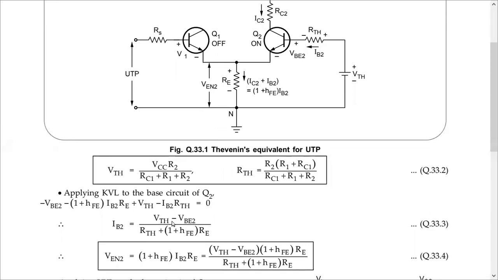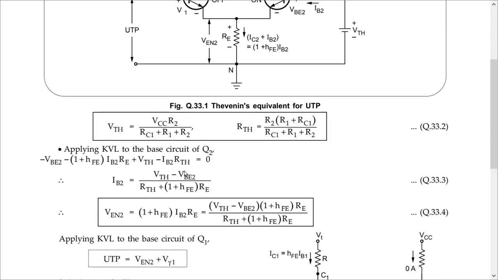What are the other terms? One is VTH, another is VBE2, and then we take IB2 common in the remaining two IB2 terms. Take IB2 common, and whatever is the coefficient of IB2, you send it to the other side. Simple school level mathematics, we get IB2 as this one.